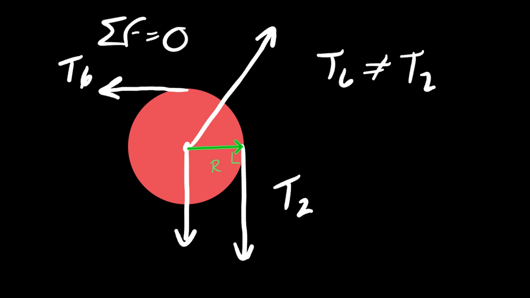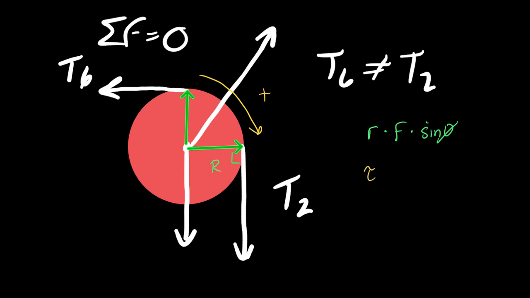So although there are 1, 2, 3, 4 forces, there are only 2 torques. So remember, a torque is R times F times the sine of the angle. We're making this the positive direction.